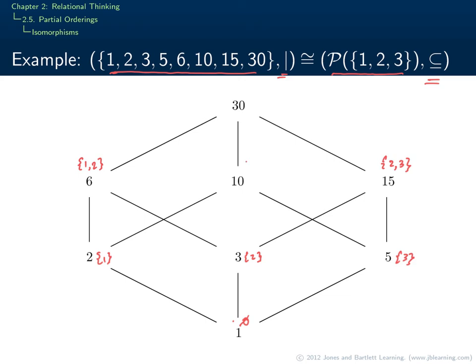And 1 and 3 sit in the 2-element set 1, 3. And then all 3 of these 2-element sets sit in the largest set 1, 2, 3. So our isomorphism here, f, would take, for instance, the set 1, 2 in this poset and send it to 6 in this poset.